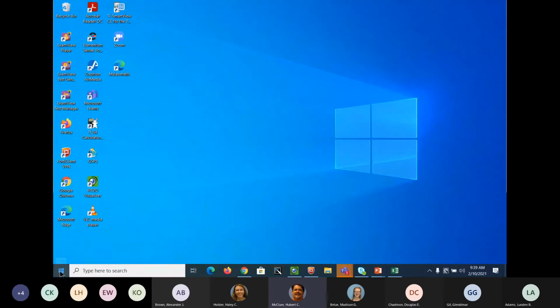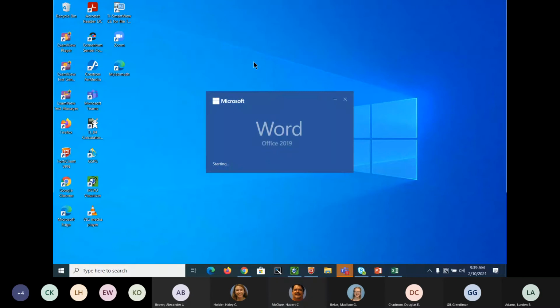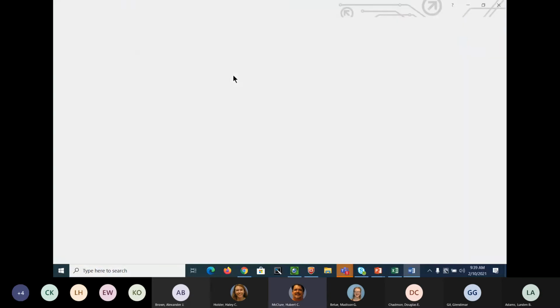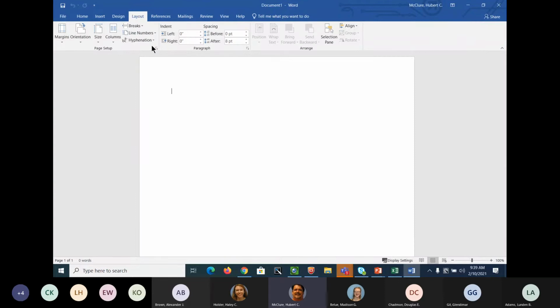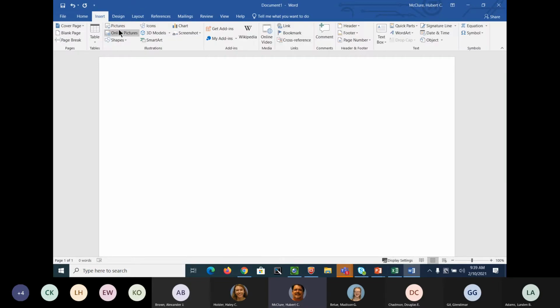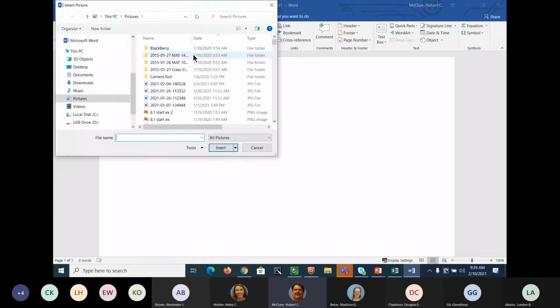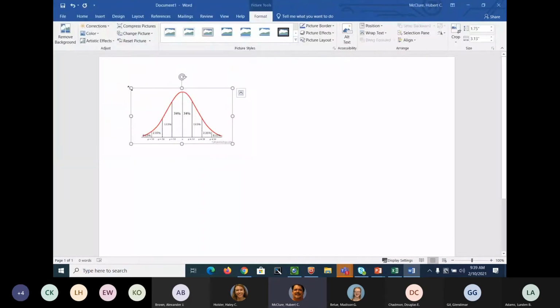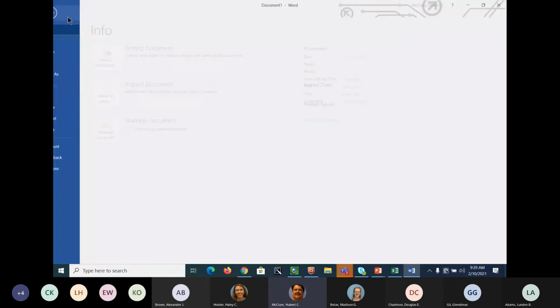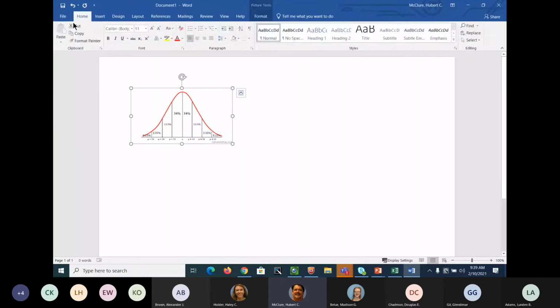It's a lot of work. Click on that. I would choose layout, landscape. Where's my landscape? Orientation, landscape, and insert picture. It should be normal curve somewhere. I saw it. There it is. Oh my gosh, we're talking really a lot of work here.